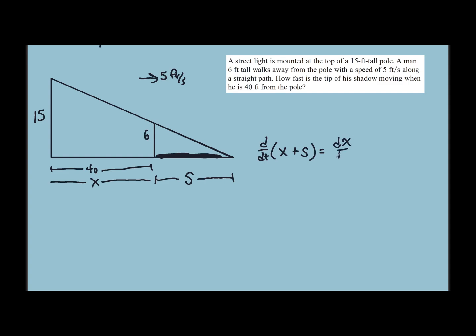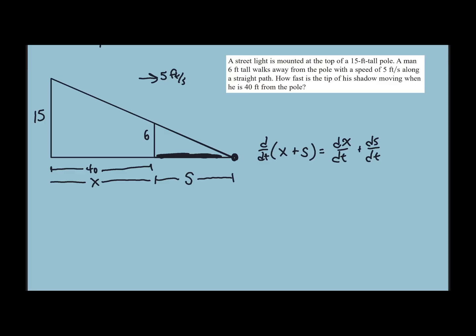So I'll call it dx dt and ds dt. Because we're trying to find out how fast it's moving from here, right? And that's x plus s distance. That's why we're taking the derivative this way. But we can add the derivatives up separately to get the answer, and that's really cool.